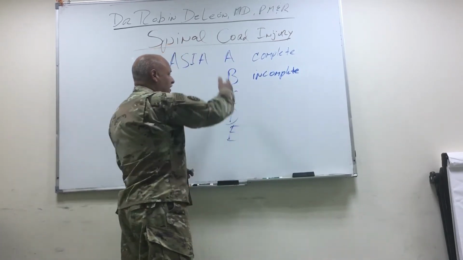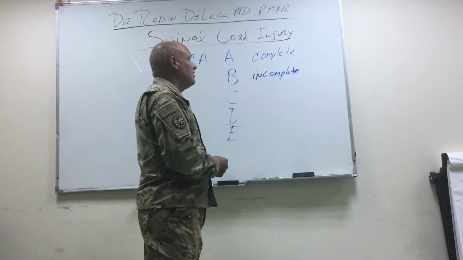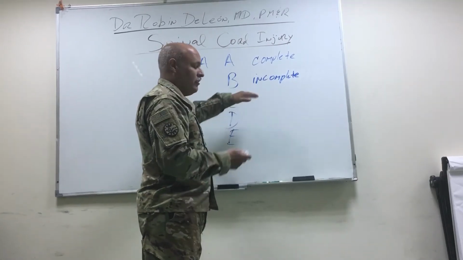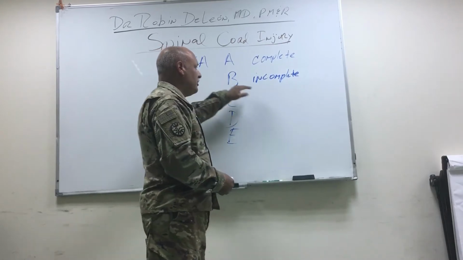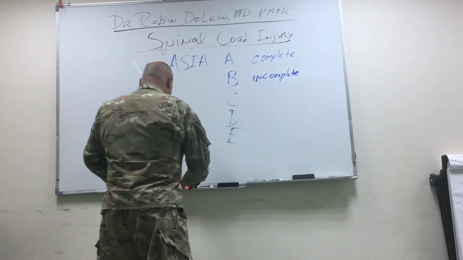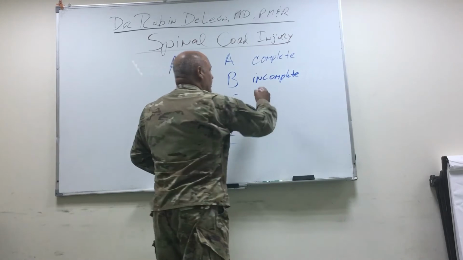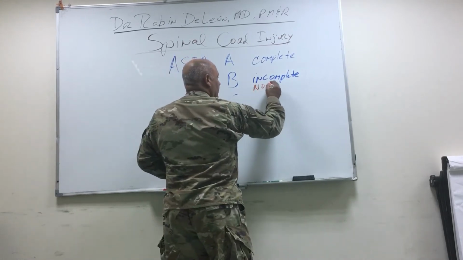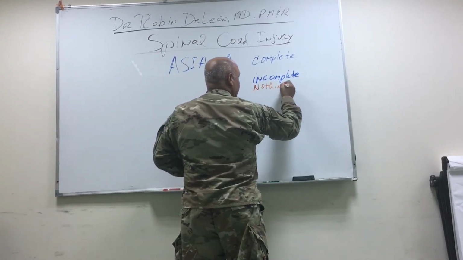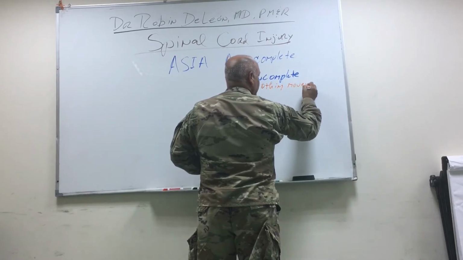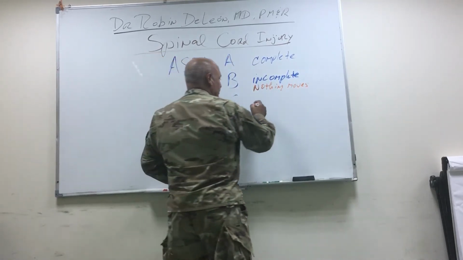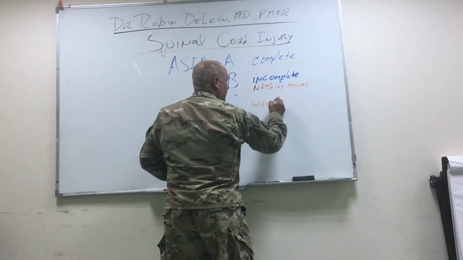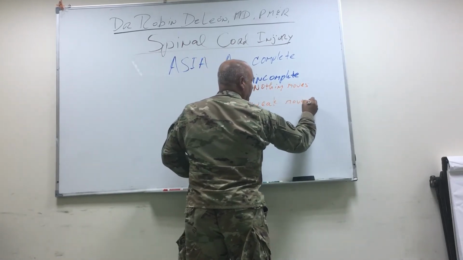And so we define these by then the motor. So you're checking sensory and motor. So below the level of injury, nothing moves. So below it, everything is paralyzed. Then we go weak movement.